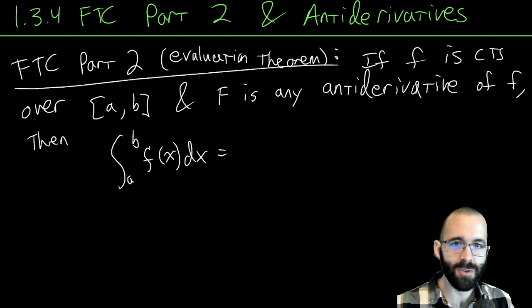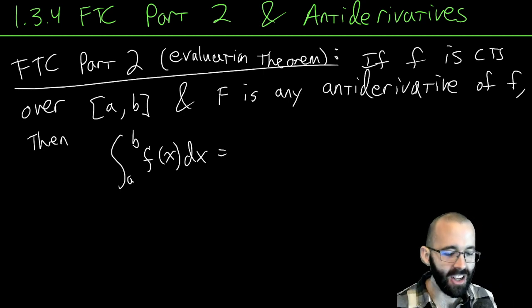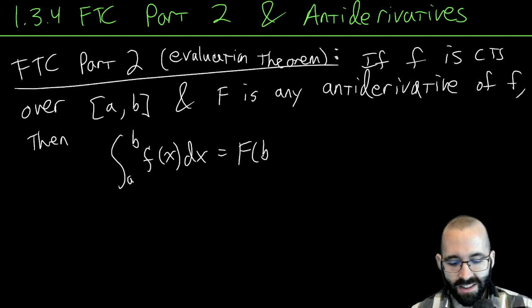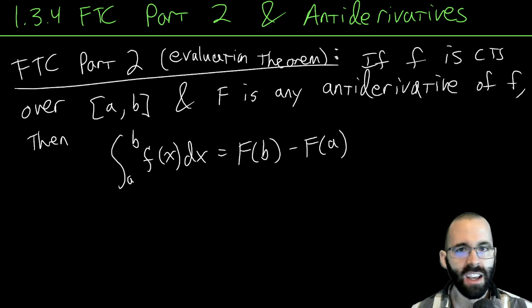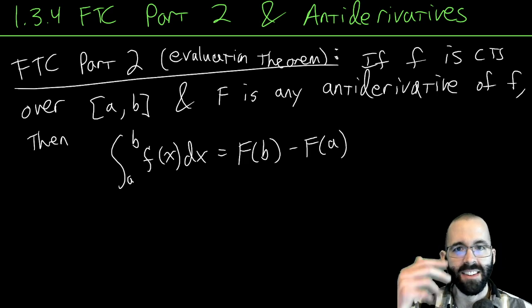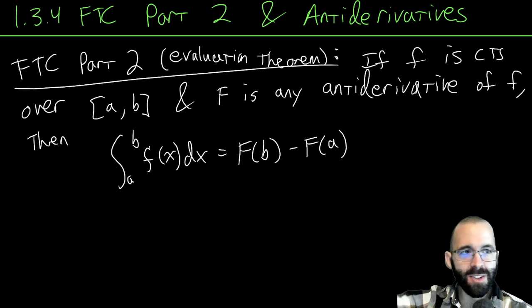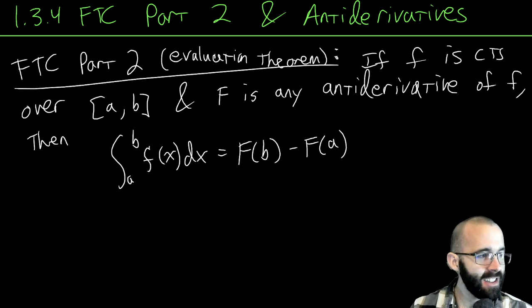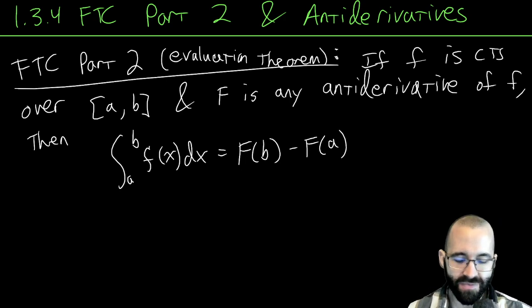Instead of doing all those Riemann sums, we got this nice, beautiful formula. And all it is is plugging in 2 numbers and taking the difference. That's it. You've set up these Riemann sums. You've calculated the areas of 1 billion rectangles. Well, all you need to do is plug things in and subtract.